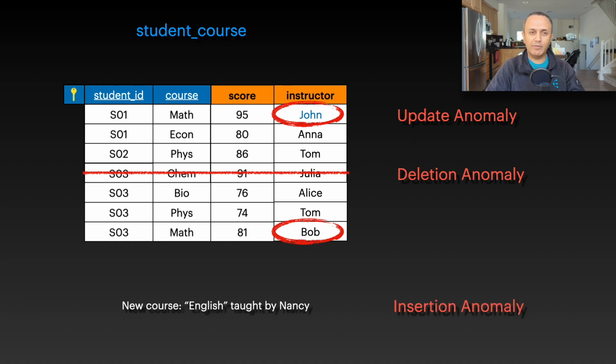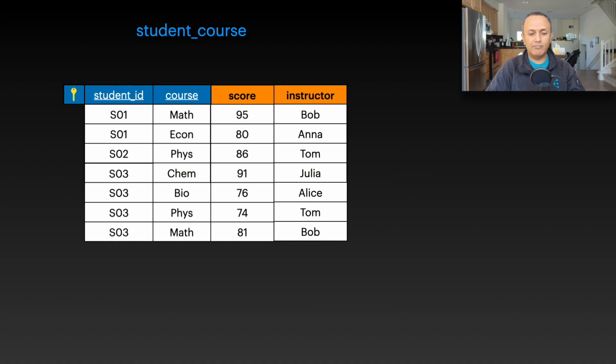Why do we have these problems? Why does adding the instructor column introduce all these problems? The reason is because this column basically means that this table is not in second normal form. Like I said, it's still in first normal form, but it's not in second normal form. Second normal form addresses the relationship between the primary key and all the non-key attributes.